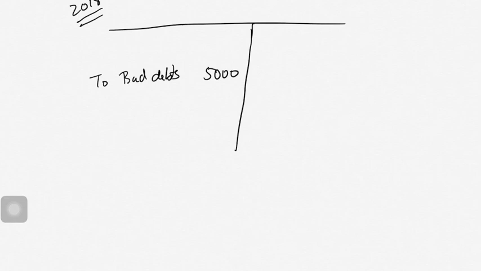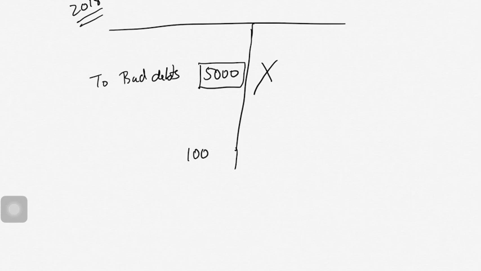The debtor is not going to pay. He has become insolvent or whatever the reason. The businessman knows that he is not going to receive this 5,000. So for him it is a loss. So bad debts, 5,000. But when the income tax officer checks it, he disallows this 5,000. He says no, you will receive it in future. So you cannot show this 5,000 as your expense.